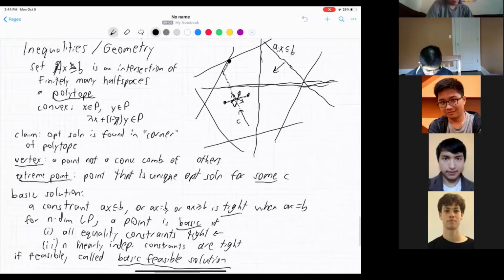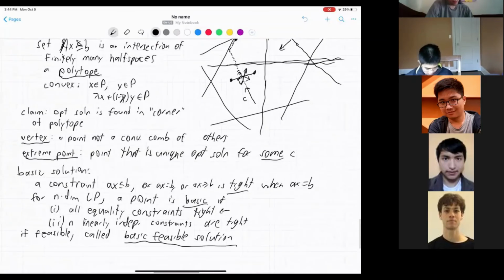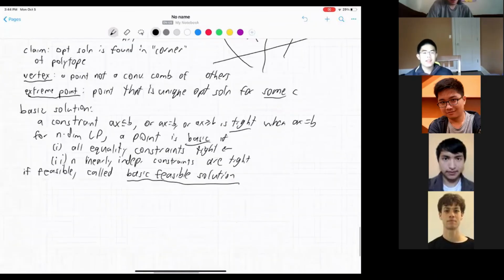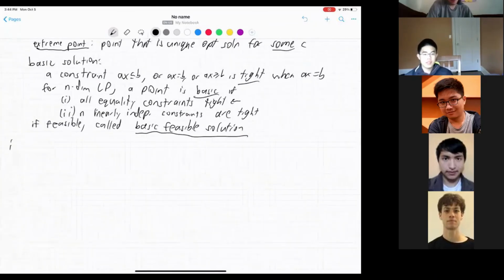There are these corners which stick out and are therefore not convex combinations of other points in the polytope. There are these extreme points that are just as far as you can go in some direction. And then there are these basic feasible solutions and linearly independent constraints. Okay. And these are all characteristics of the optimum. And in fact, they're all the same.